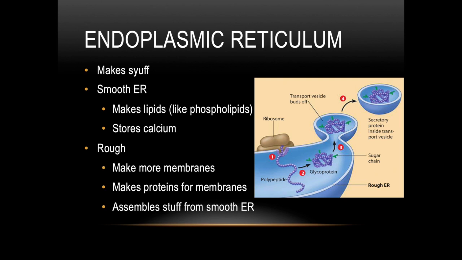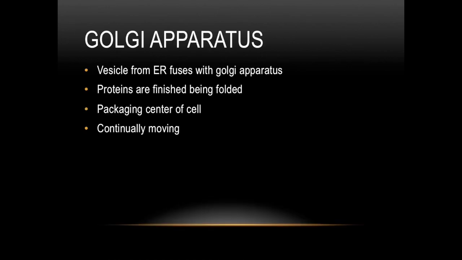Yes, so the rough endoplasmic reticulum is like a flat tube. It has ribosomes embedded in it. If you look at figure 4.9b, notice that the ribosome has docked on the endoplasmic reticulum. As it's synthesizing the amino acid chain, it synthesizes it into the center, or the lumen, of the endoplasmic reticulum.